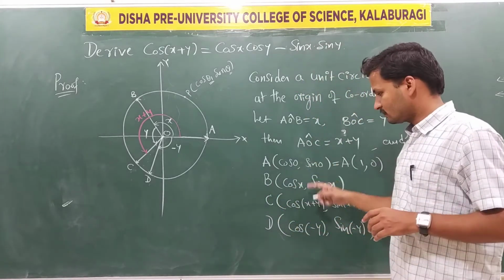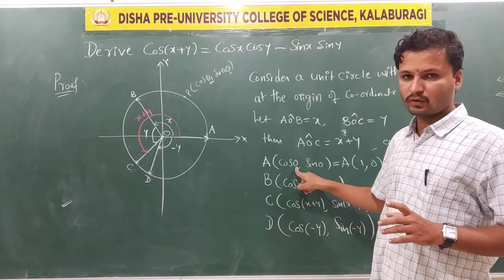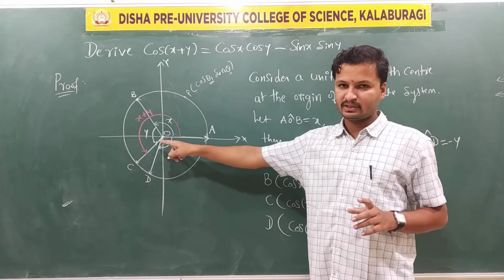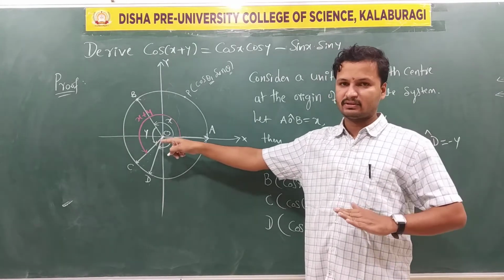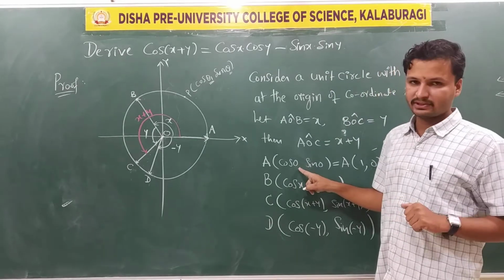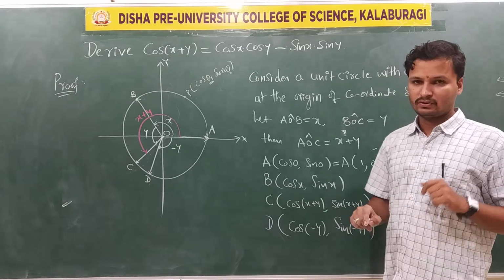Here 0 is because there is no rotation. That means the initial and terminal lines coincide. There is no rotation means it is at rest, so there is no angle at all. So take here in place of theta 0: cos 0 and sin 0. Cos 0 is 1, sin 0 is 0.